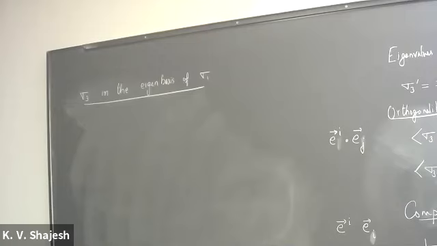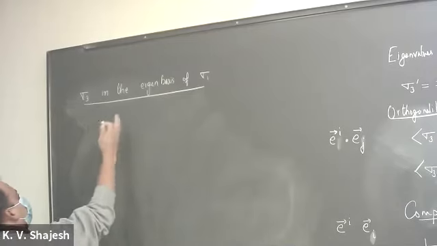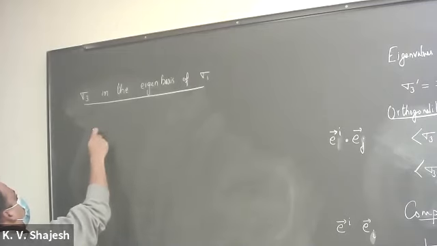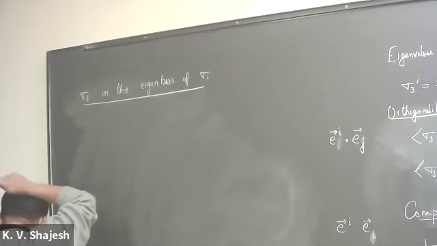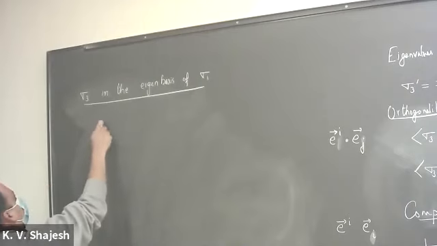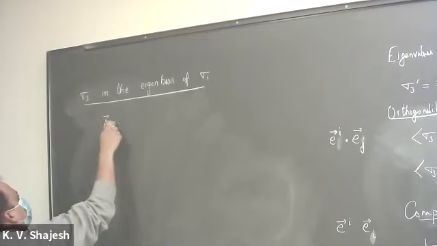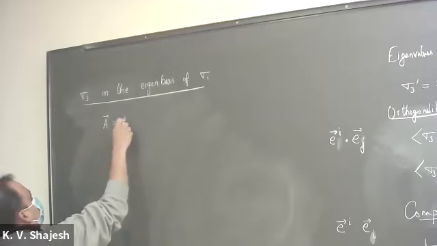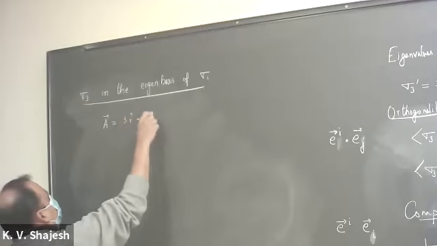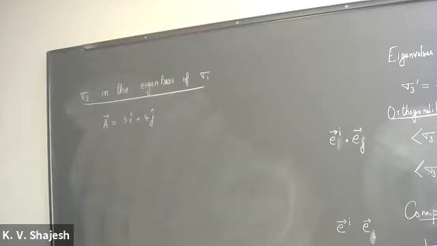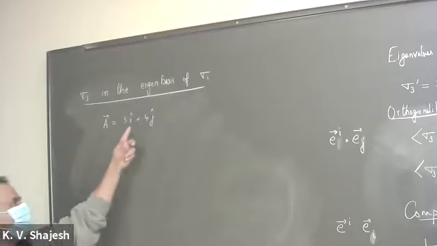Let me just very quickly, just to give you a feel for what we are doing, think of a vector like a position vector A. A is equal to, let's say, 3i plus 4j. That's a vector existing in rectangular coordinates, right?